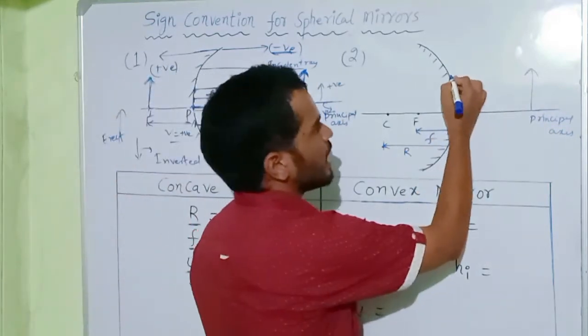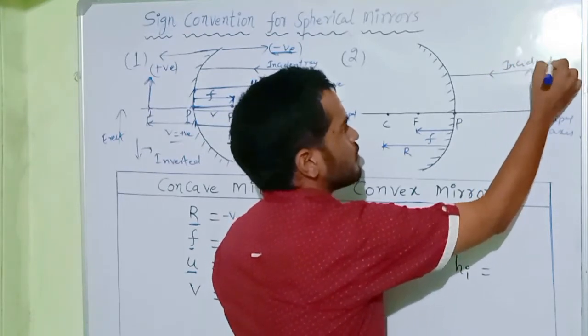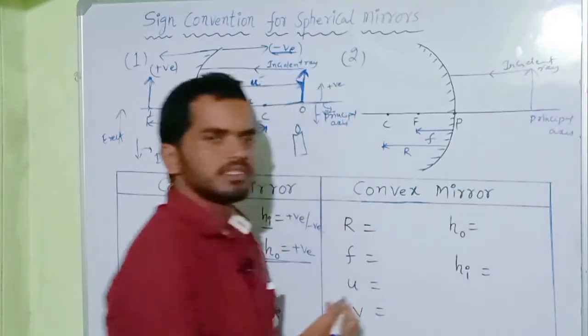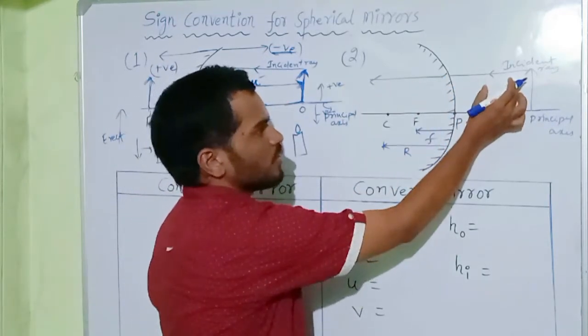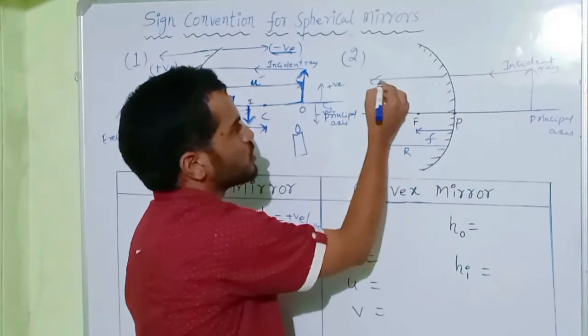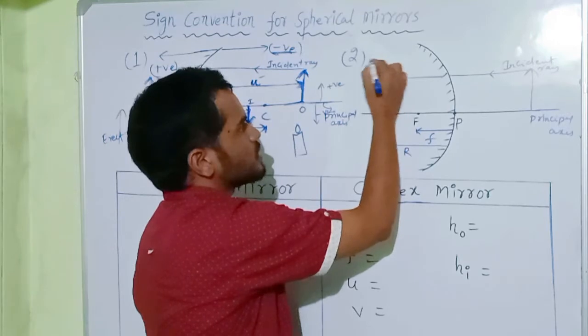I am going to take a light ray here. This is the incident ray, or incident light. If you observe the direction here, our incident ray is going from right to left. So if you follow the direction of the incident ray, you should take this side as positive.